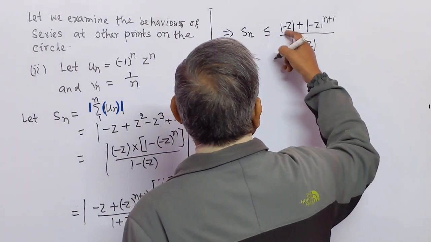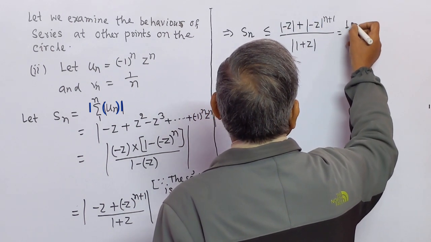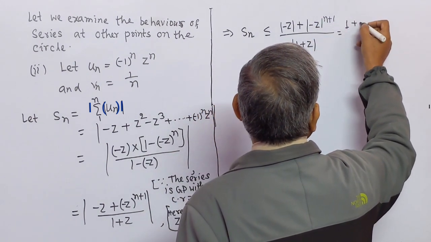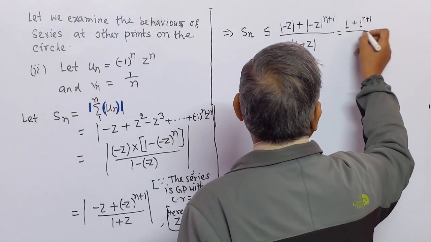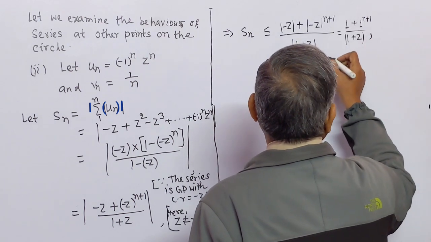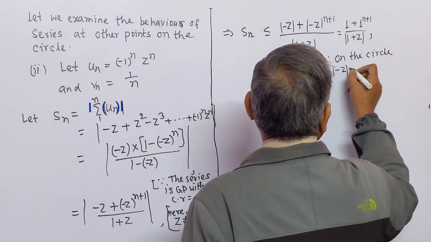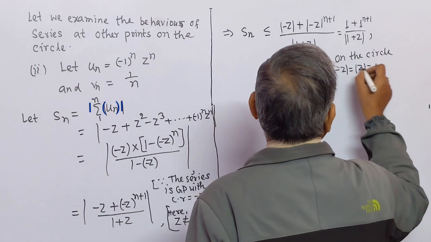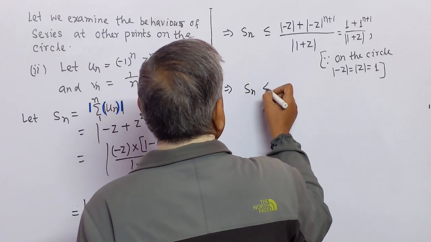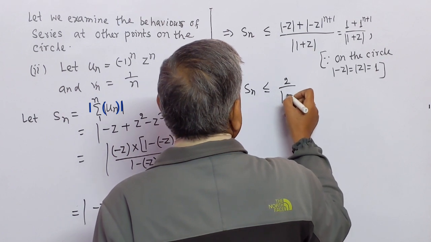Modulus of minus z on the circle is 1, plus modulus of minus z on the circle, 1 to the power n plus 1, by modulus of 1 plus z. Since on the circle modulus of minus z equals modulus of z equals 1, this implies that S_n is less than or equal to 2 by modulus of 1 plus z.